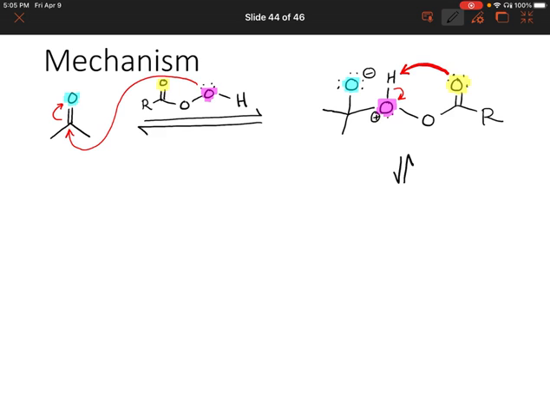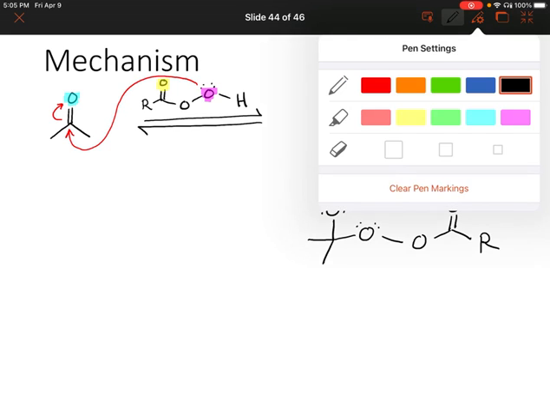All right, so next, we now have a neutral purple oxygen. And we have a positively charged yellow oxygen.